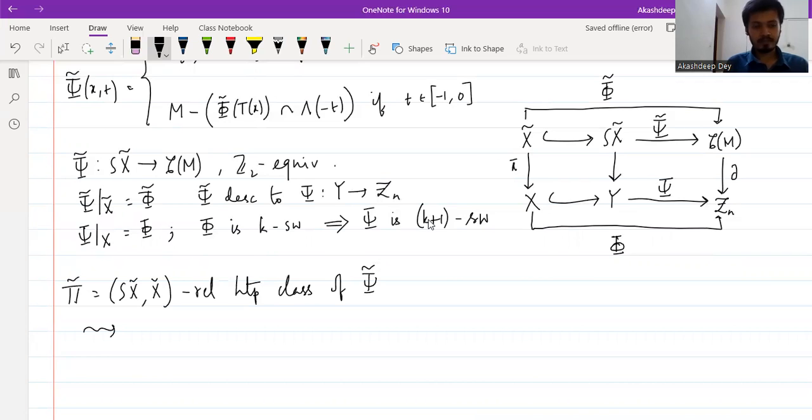And then we construct a CCM hypersurface by applying the min-max theorem to this relative homotopy class Phi tilde.